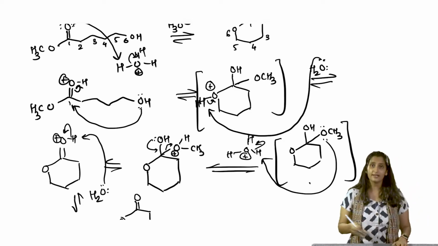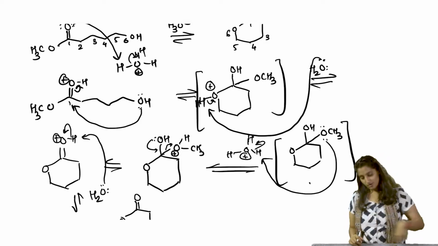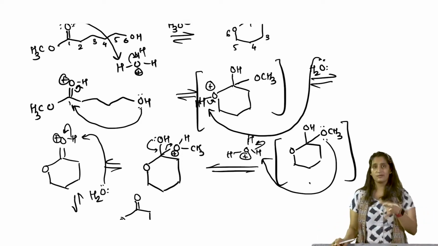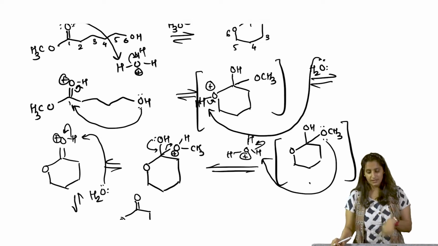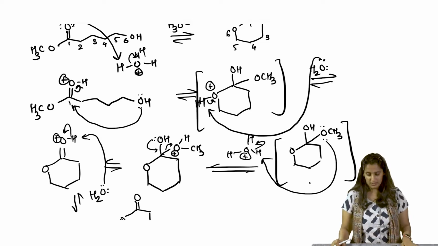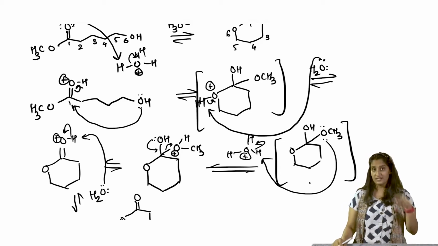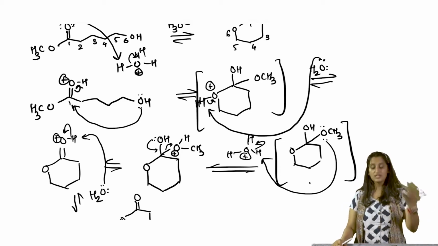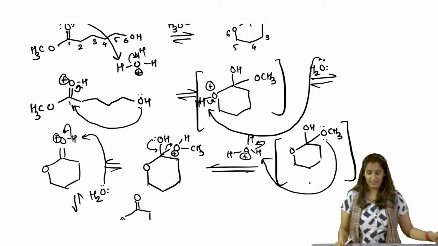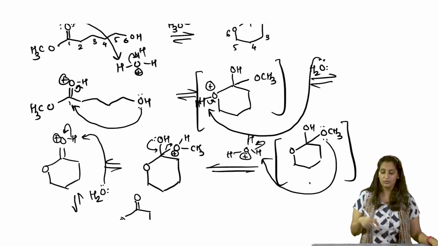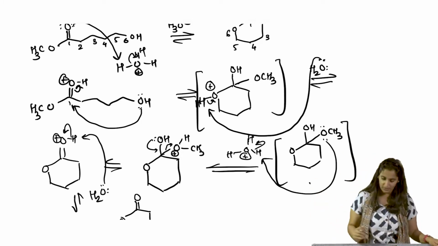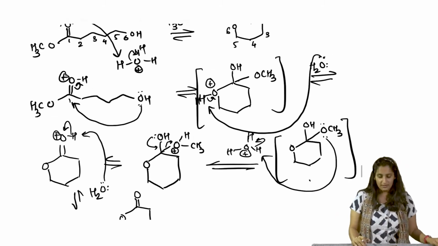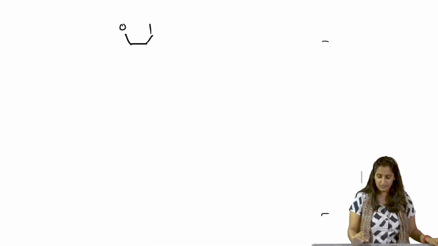And you can try writing the backward mechanism for this also. Again, as I said, due to the principle of microscopic reversibility, you will see that the same intermediates happen as you try to go backwards. You will have to do different steps, that is addition of methanol instead of removal of methanol, but overall it is going to look like the reaction followed the same path going forward and backward. Okay. So, that was our question number 1, that is the mechanism.